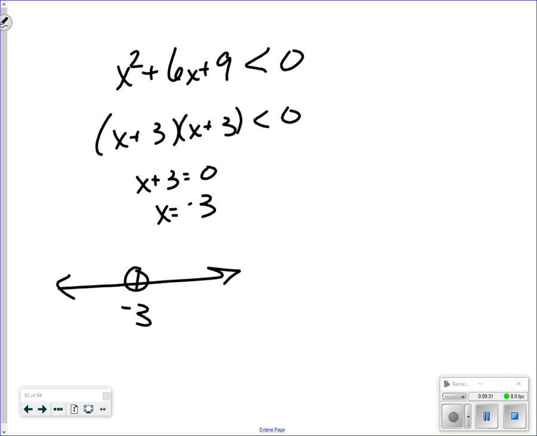Test a point. Test any number you want. So let's say I tested 0. 0 doesn't work. What if I tested like -5? It doesn't work. So because I only had one value and neither side works, it's actually a no solution.